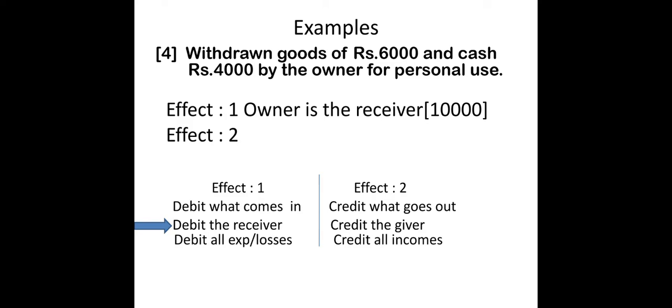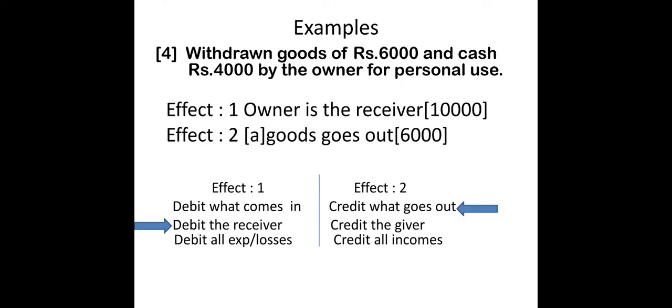Okay, now in effect number 2, we have to write two sentences because an owner is withdrawing two things, goods and cash. So goods goes out, we can also write, and we can also write cash goes out. Okay, so two things go out. Credit what goes out rule is there, but there are two things which are going out. Which two things? One, goods goes out, we can write goods goes out, student.